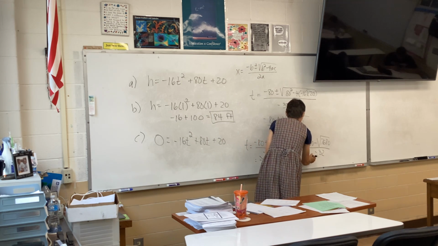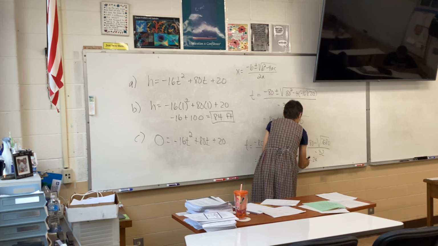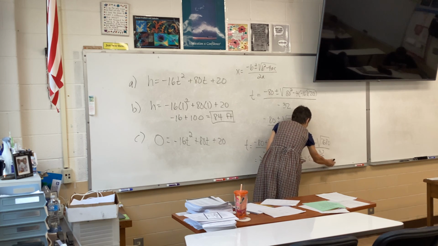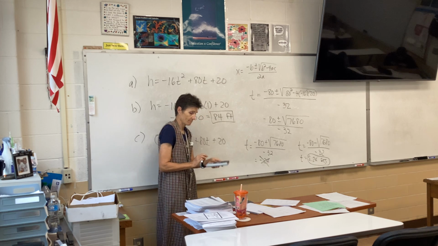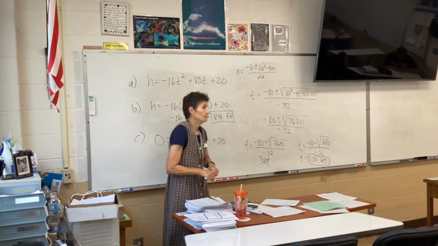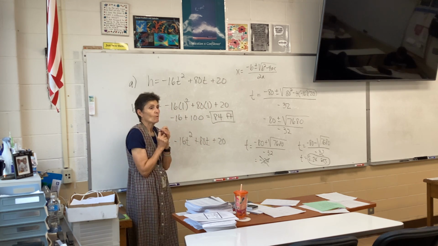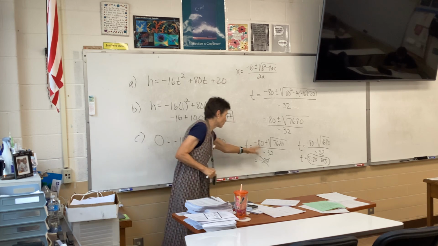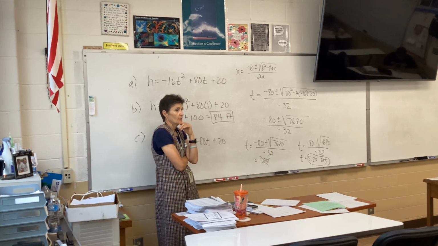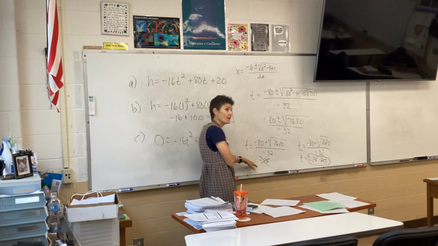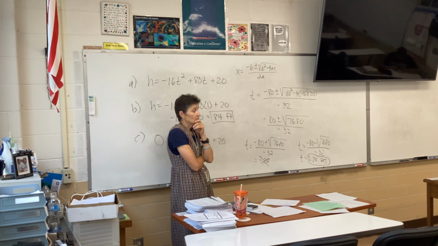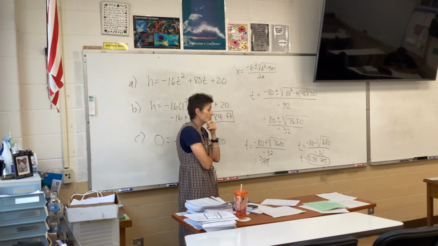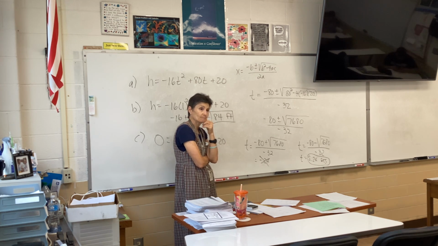Oh, that one looks better. I got 5.24. Why did I throw out the negative answer? Why did I just cross that out? You can't have negative time. The unit on that would be seconds. When does the ball hit the ground? So the answer is 5.24 seconds.